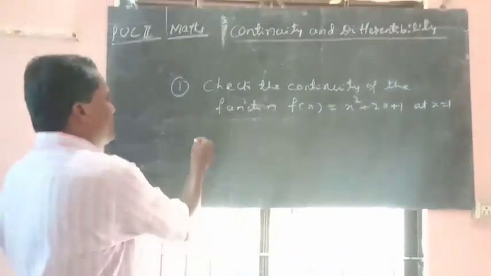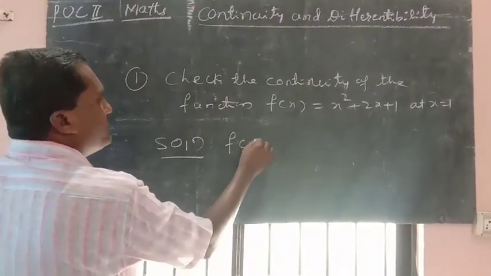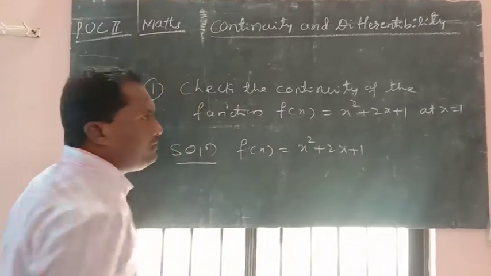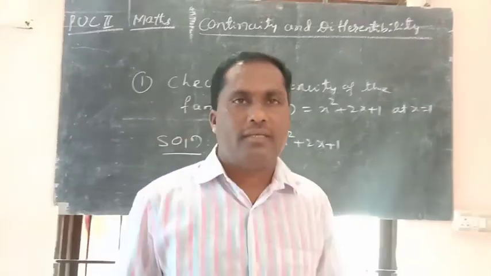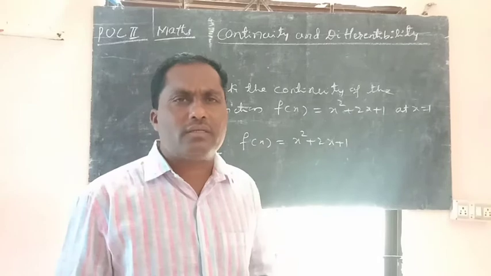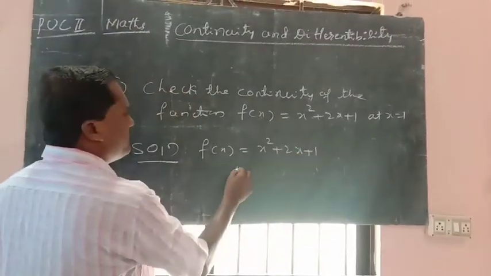First I take the solution. The given function is x square plus 2x plus 1. We check whether the right hand and left hand limits hold good or not. Therefore, I take x equals 1.